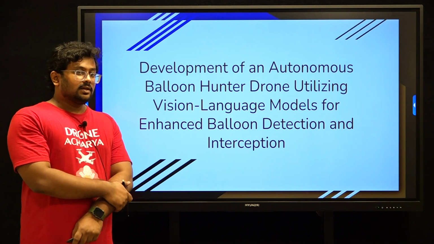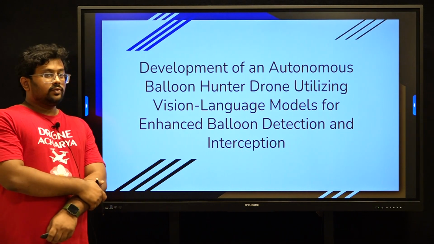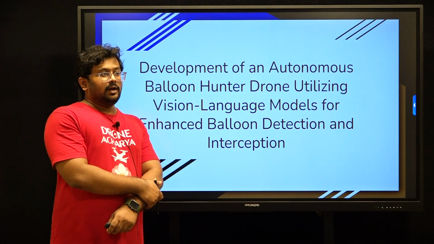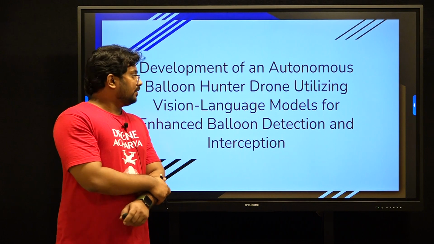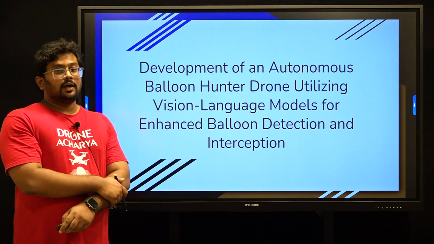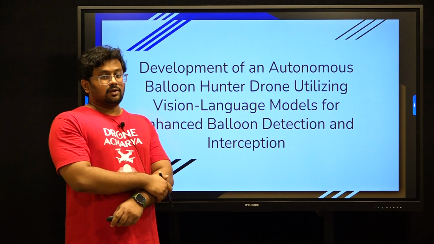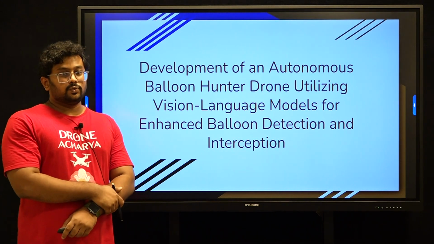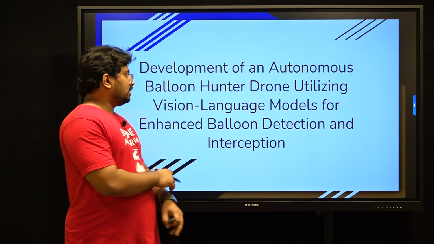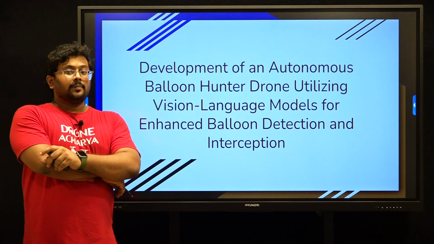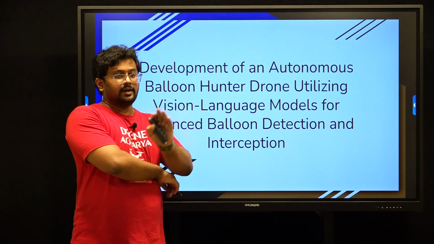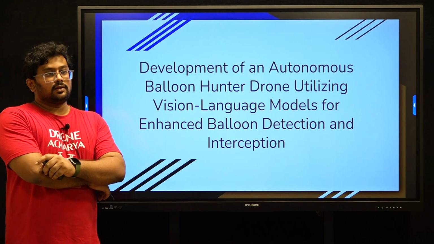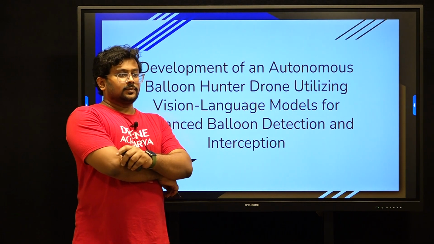We are going to have some balloons on the ground at a particular height, and we are going to fly a few drones, or a single drone, and I will say, go and hit the red balloon. So the VLM project will identify the balloon at a balloon location, which is nothing but a geocode for the drone.